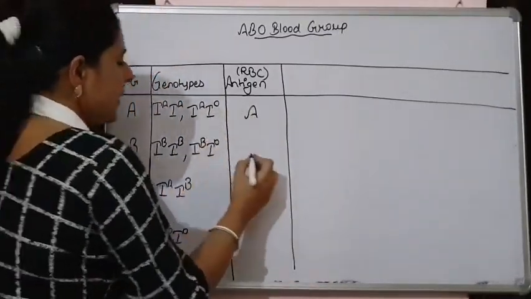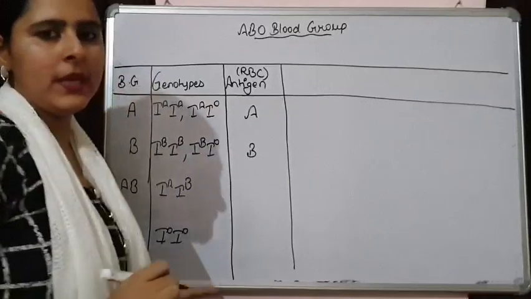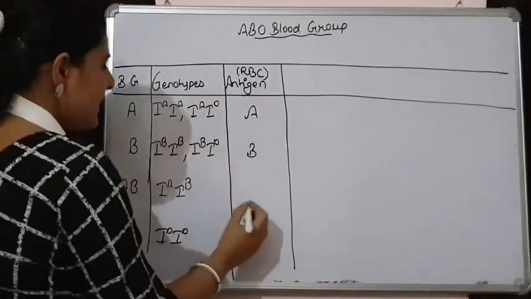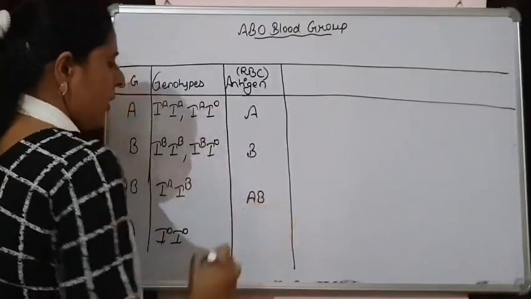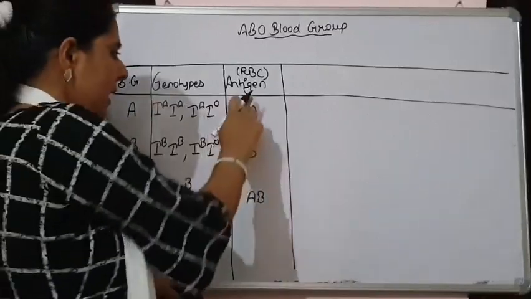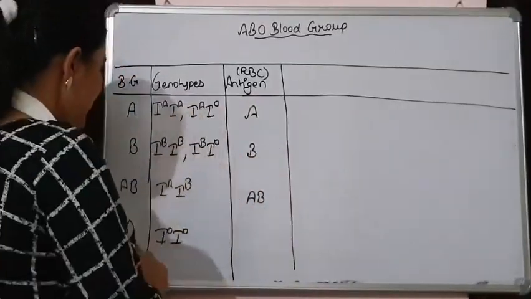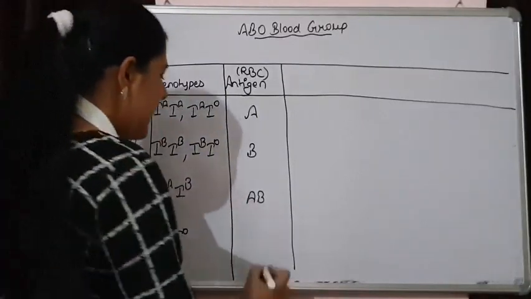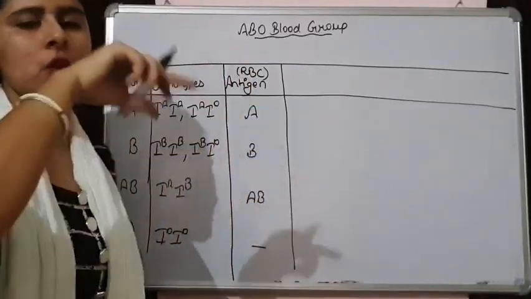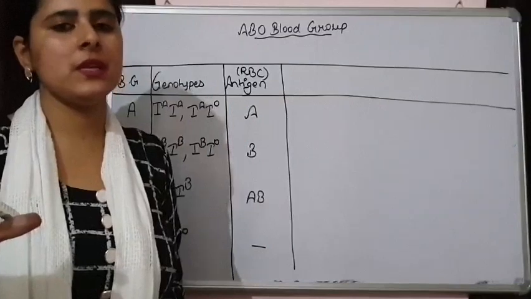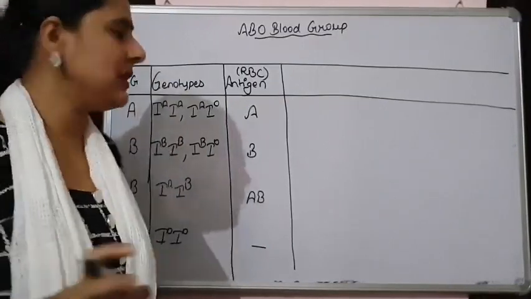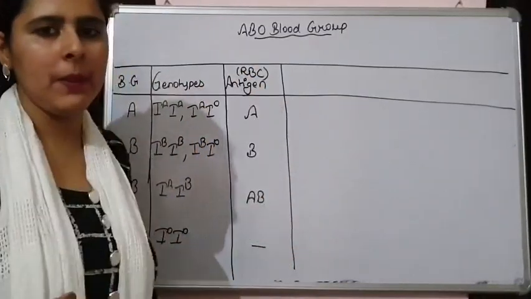If B blood group, then B antigen will be present. If blood group is AB, both the antigens A and B are going to be present on the surface of RBC. And if O blood group, O means 0, so no antigen will be present on the surface of RBC. This is the easy way to remember.